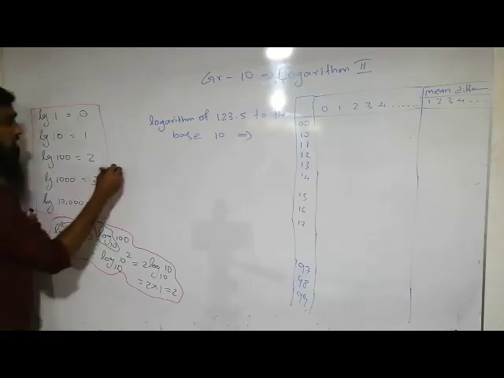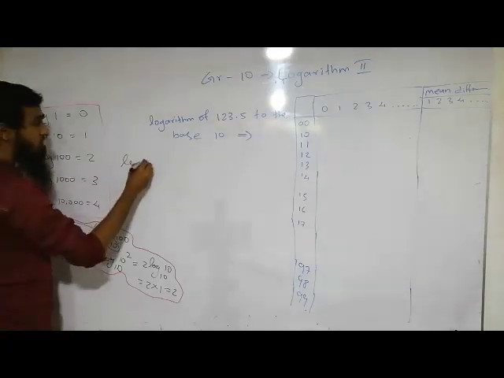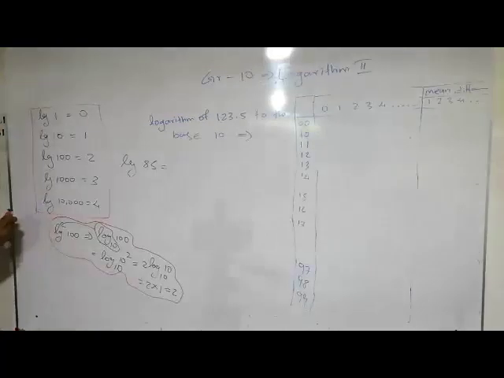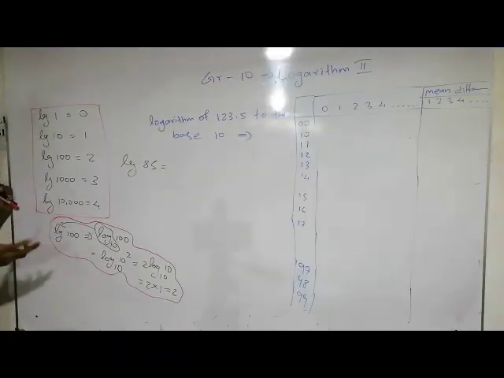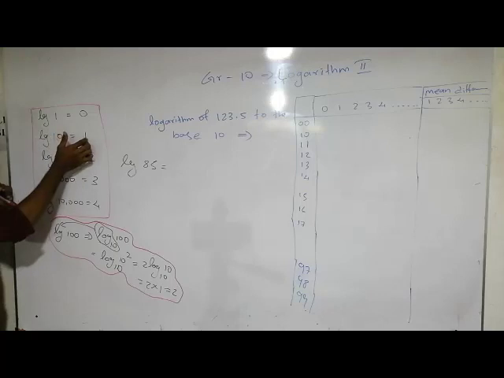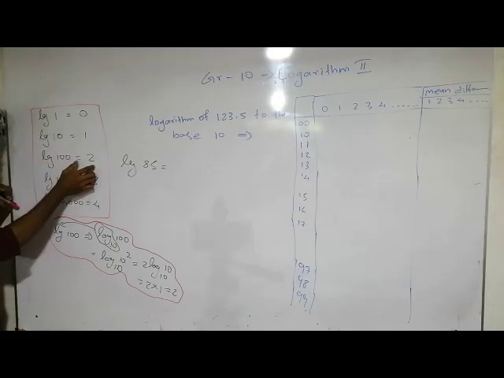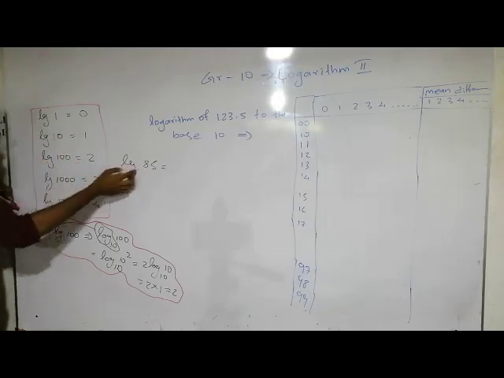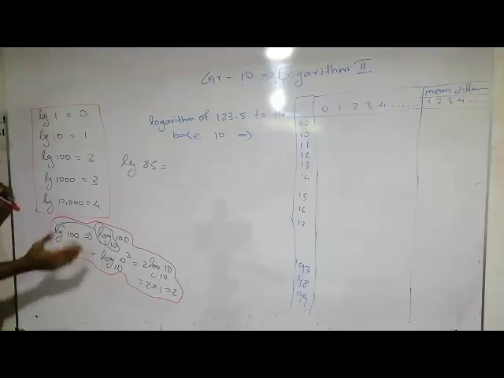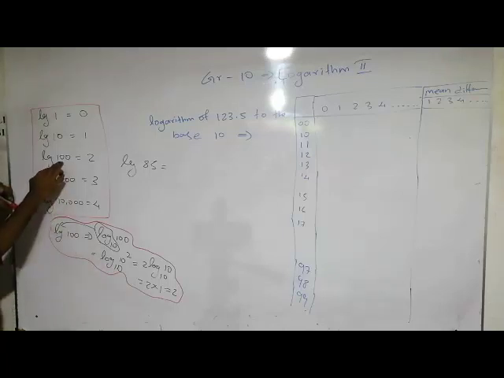So what about logarithm 85? Can you guess the value of logarithm 85? Yes, we can guess. How are we going to guess? LG 10 is equal to 1, LG 100 is equal to 2. So LG 85 is less than 100, so it is in between 1 and 2.